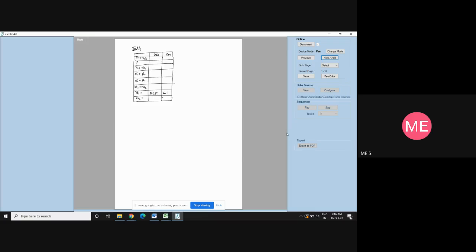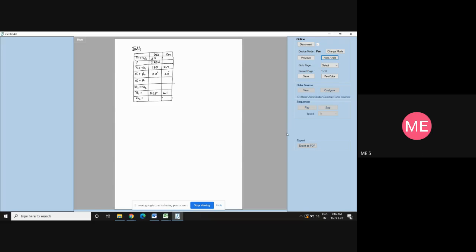And what are the other values? VR1 is 135 meters per second. How much as per the scale? 2.7 centimeters. Yes.